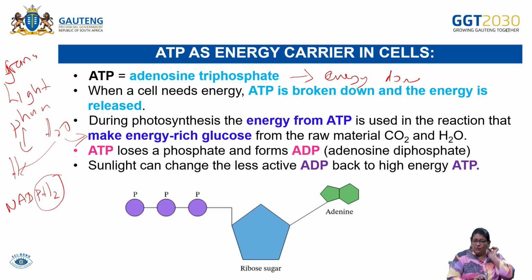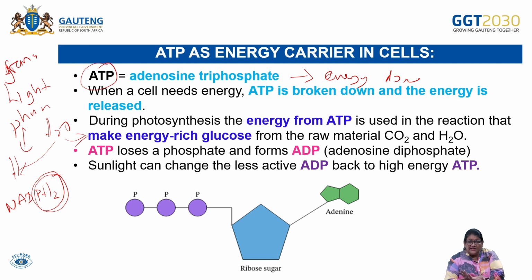While light was splitting water, energy was released in the form of ATP. So this ATP and this NADPH2, the hydrogen, from the light phase together will be used in the dark phase. And that is going to be used to form your starch.